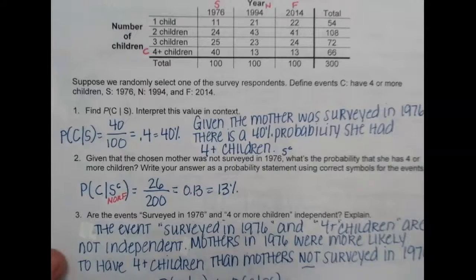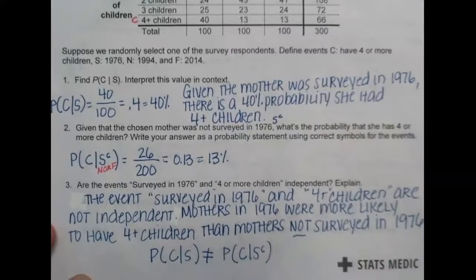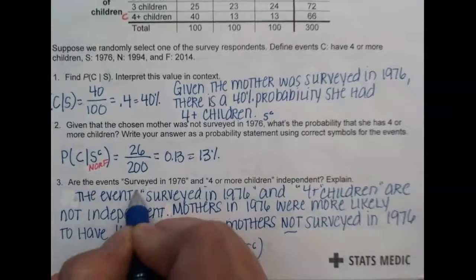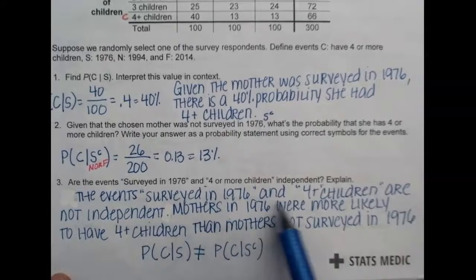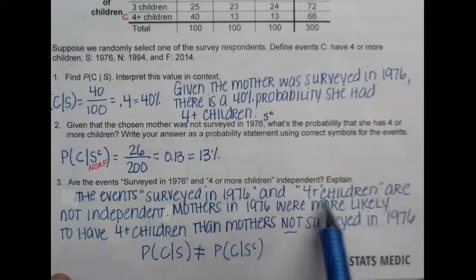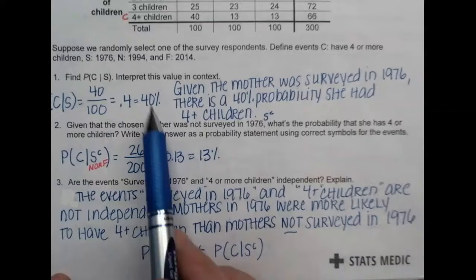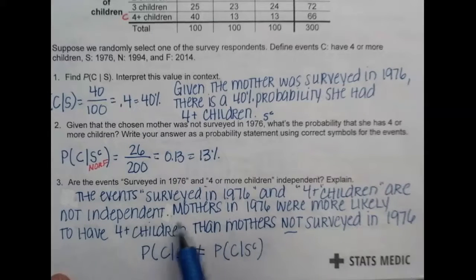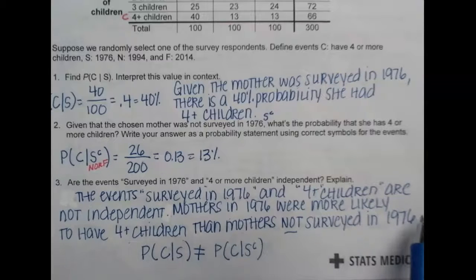Okay. So are the events surveyed in 1976 and 4 or more children independent, and explain. So you have to explain your position here. So the events surveyed in 1976 and 4 plus children are not independent. Look at their probabilities. Mothers in 1976 were more likely to have 4 or more children than mothers not surveyed in 1976.